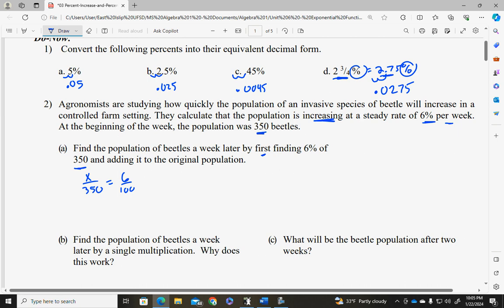So we could change the 6% to a decimal, 0.06, and do 0.06 times 350. So I really want you to change your percents to decimals and then multiply, because that's how we can use it in our exponential functions.